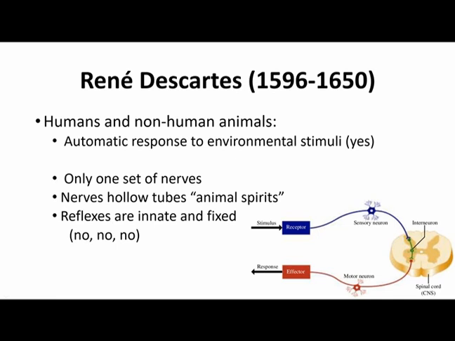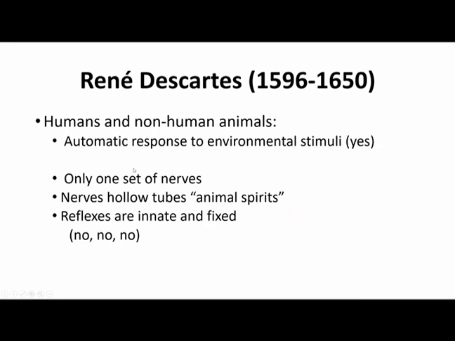And probably next lecture, we'll talk a little bit about things like habituation, where we can see that there are some reflexes that happen automatically, but they can change over time just due to exposure. So yes, no to all of these. So Descartes got one thing kind of right, and the rest, we got there eventually.